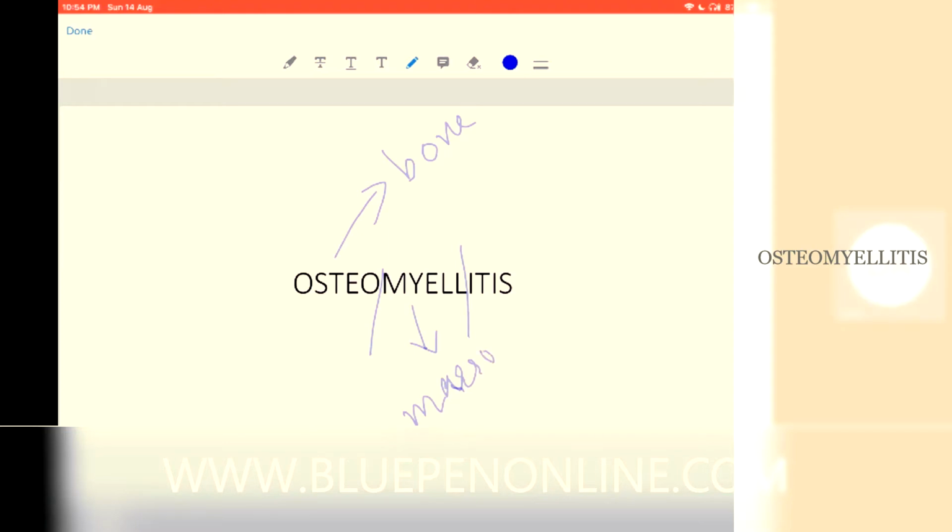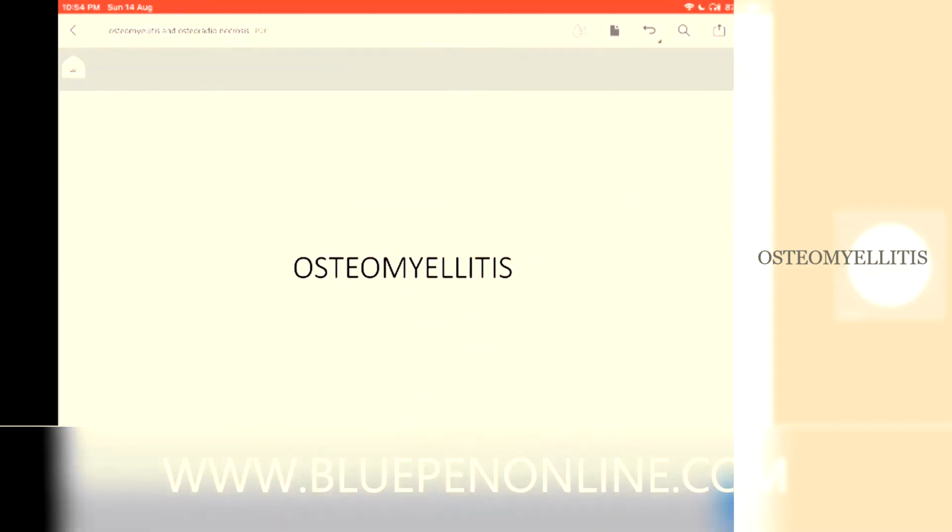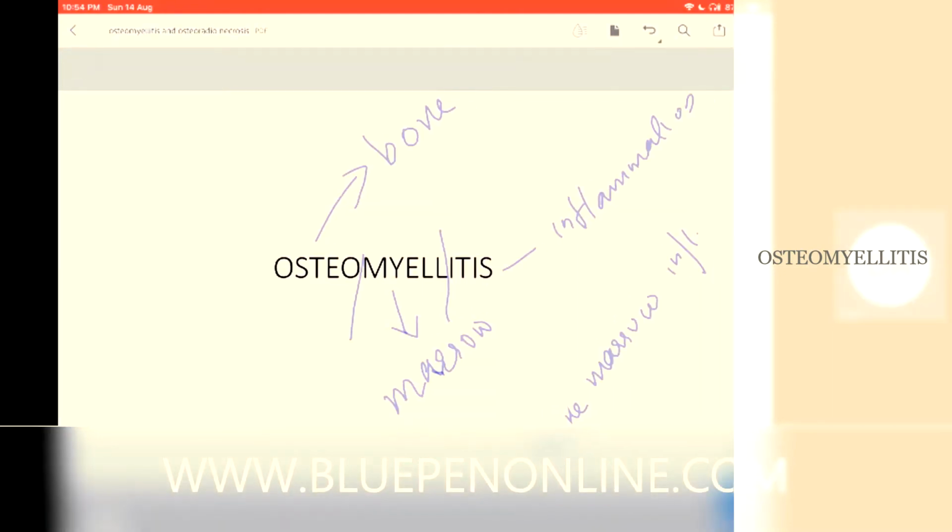Then itis, what does that mean? That means inflammation. So in short, osteomyelitis means bone, marrow, inflammation. Is that clear? So that's what is known as osteomyelitis.